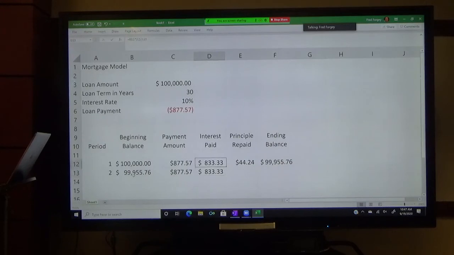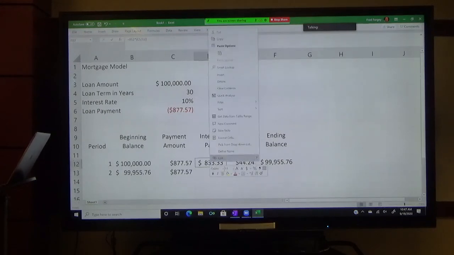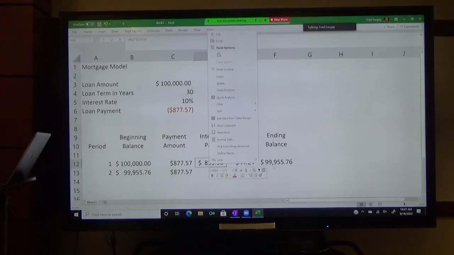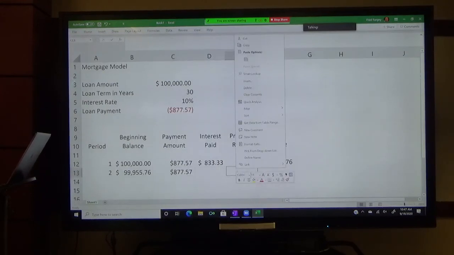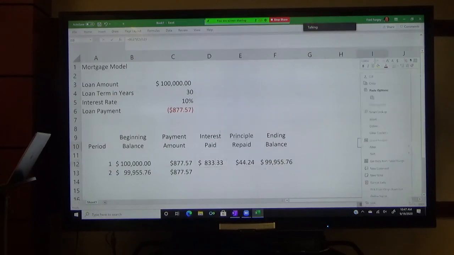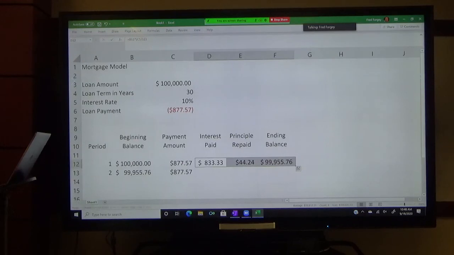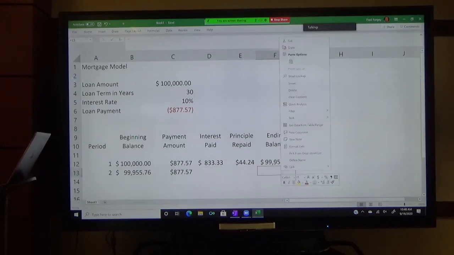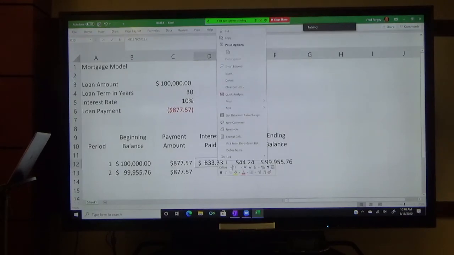Copy the formula. So basically, if you highlight those, we'll drag those down one. Control C. Okay, done there. Let's control this. This is not working well.